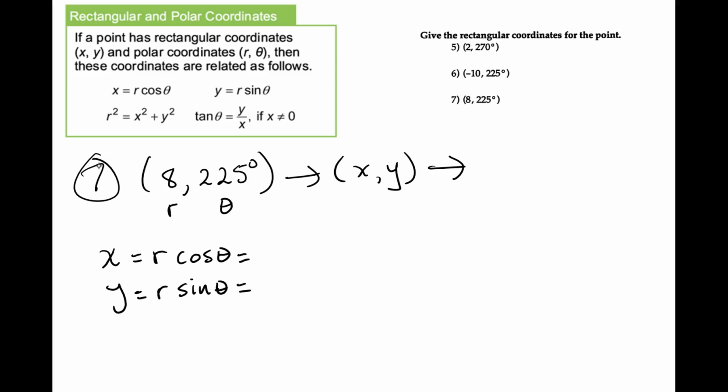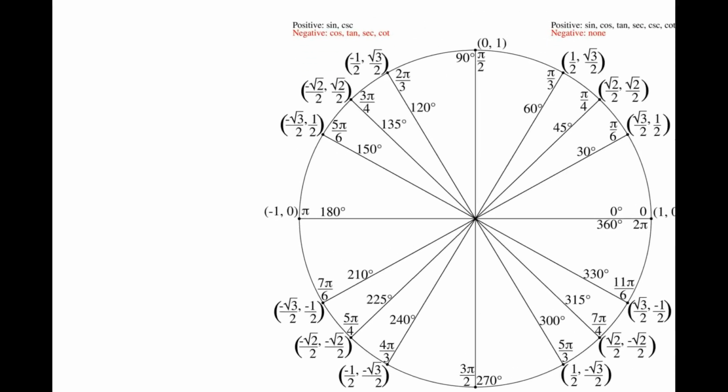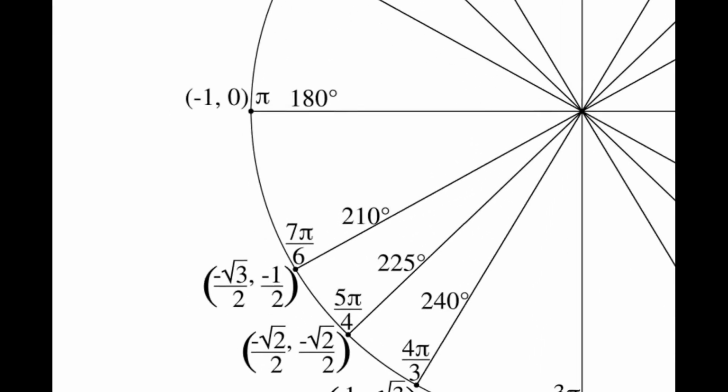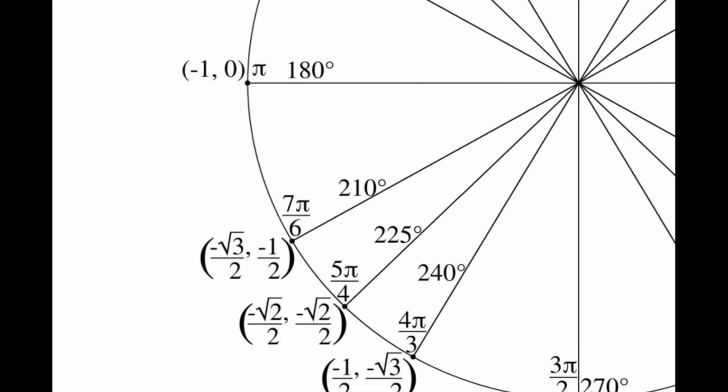So we're going to fill that in again. 8 cosine of 225 and 8 sine of 225. Okay, looks something like that. All right, now all we have to do is figure out what that is on the circle. So 225 degrees, again, that one right there happens to be that both are exactly the same for the cosine and the sine.